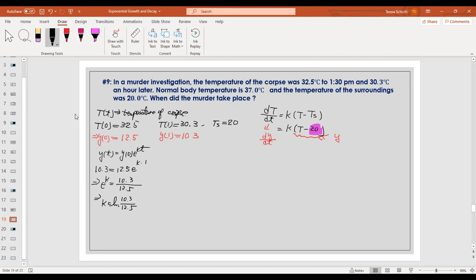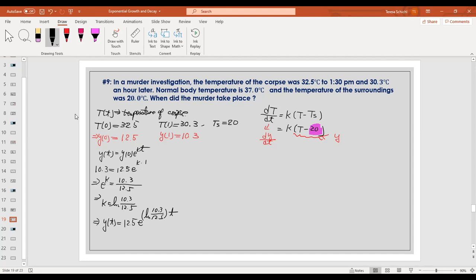So now my formula here will be Y(t) is equal to 12.5 e^(ln(10.3/12.5) times t) here.